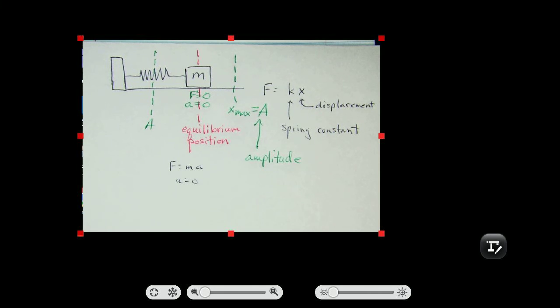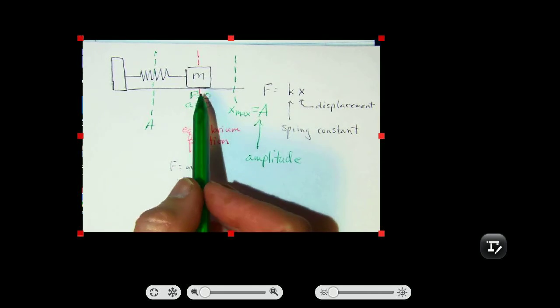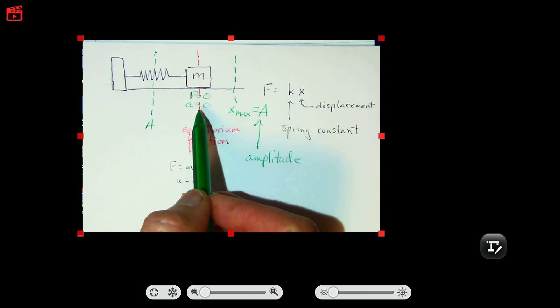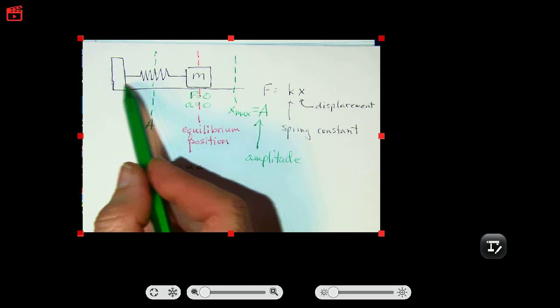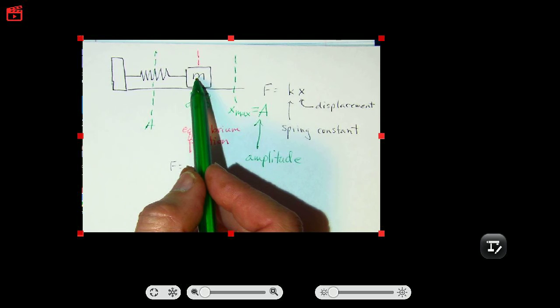So at the equilibrium position, F equals 0, a equals 0. That doesn't mean that it's not moving. It can be moving and pass through this point, and at this point, it has no acceleration.